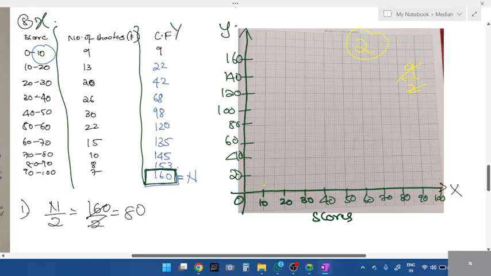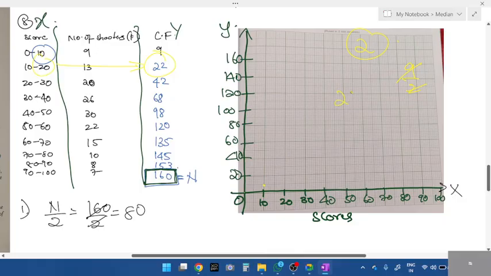Can you see the point where I've plotted? Is this clear? Next, for 20, what is the value, students? See, plotting the ogive graph is the only tough part. Concentrate. For 20, what is the value? 22.